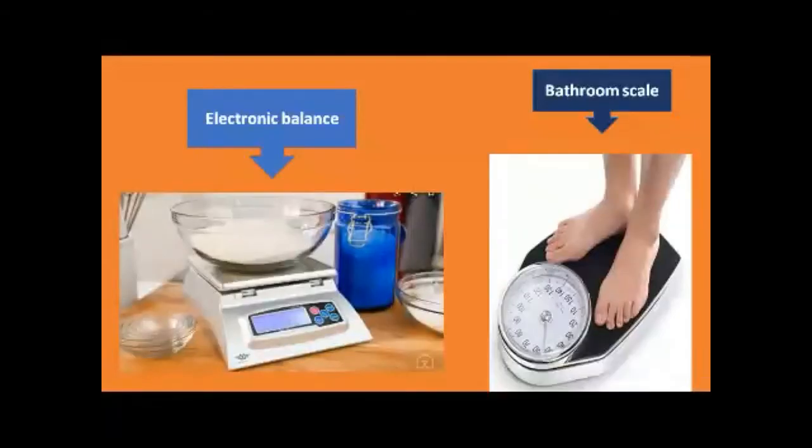Now the third one, electronic balance. The electronic balance is used to measure the weight of mostly dry products, like spices. Spices means things like chaat masala and chili powder.